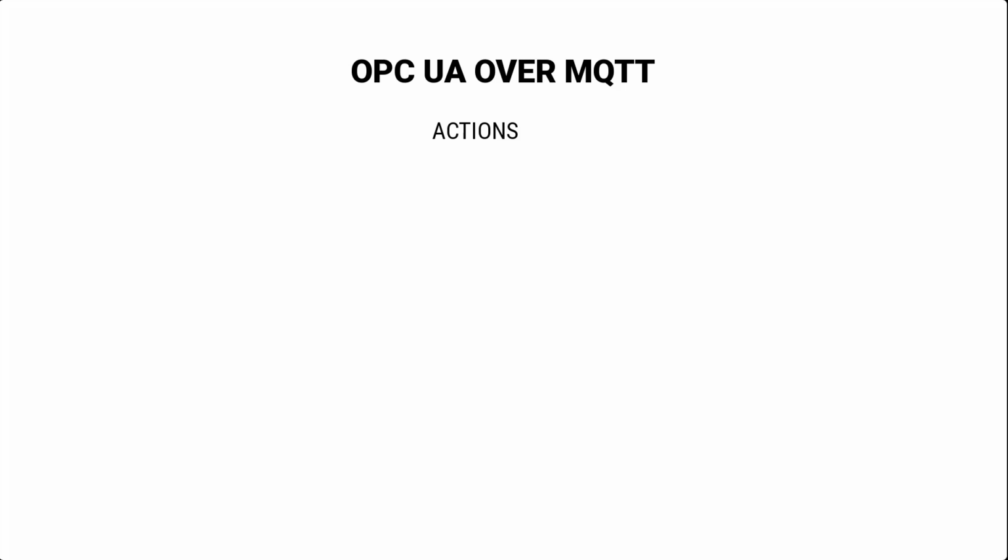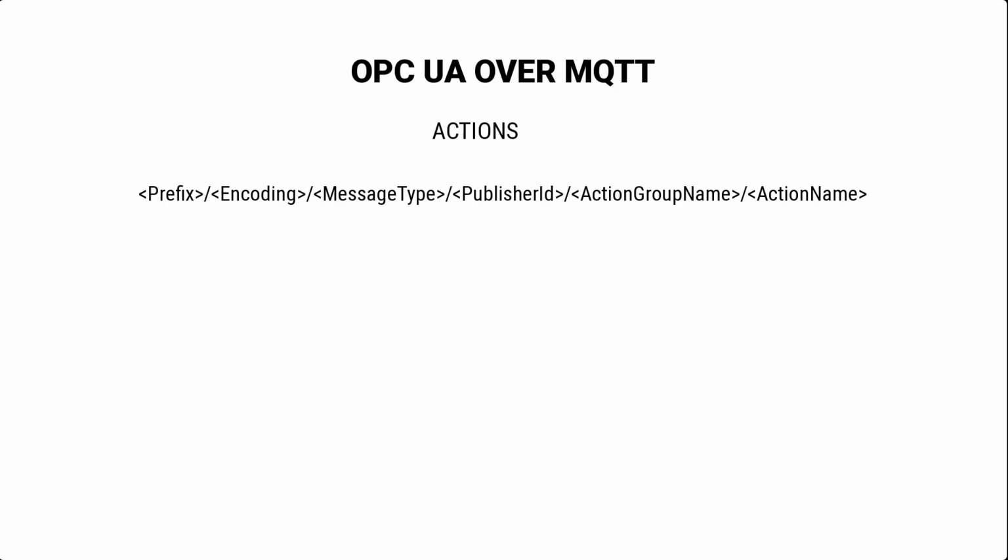OPC UA over MQTT actions can be represented in the recommended topic tree as follows, whereby the action group name could be used to represent an object, for example a pump, and then the action name could be used to represent the name of the method or action, for example start pump. So when an OPC UA over MQTT application receives an action topic, it processes it and then returns the response using the same topic that was provided in the request.